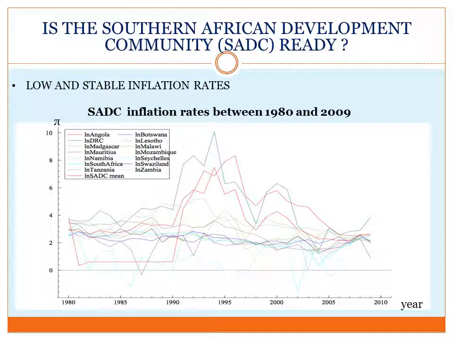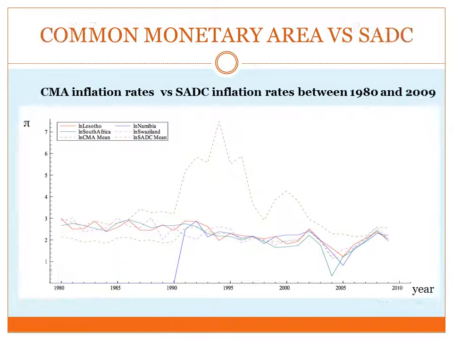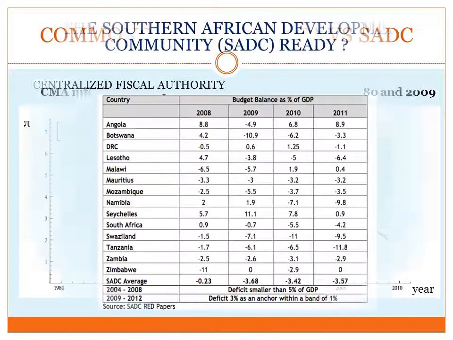According to the African Development Bank, this inflation was induced by high commodity prices, particularly for fuel and food. Nonetheless, common monetary area countries, that is Lesotho, South Africa, Namibia, and Swaziland, their inflation rate has remained stable over time and is constantly lower than the SADC average.